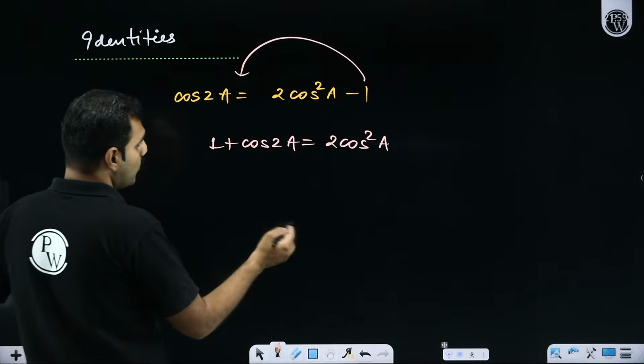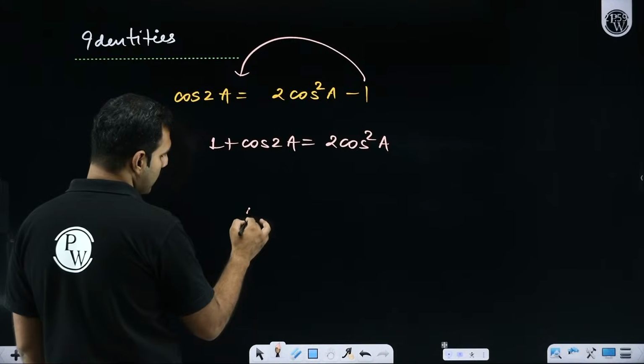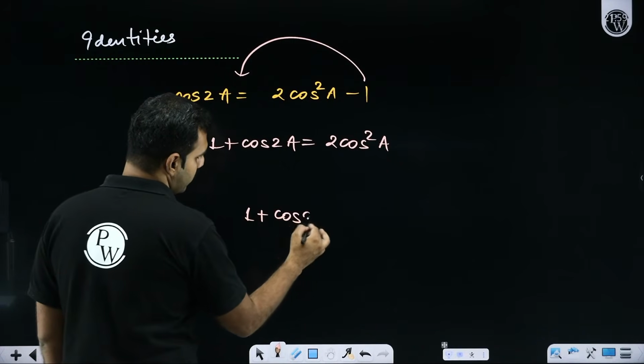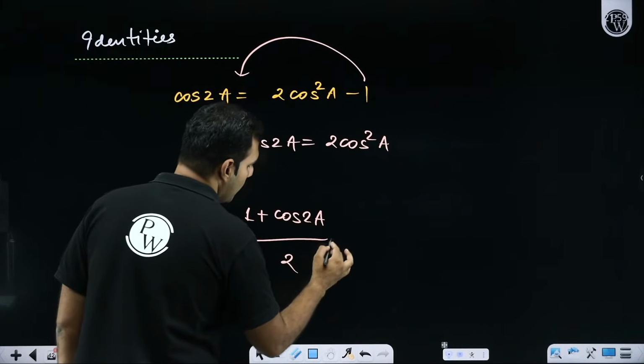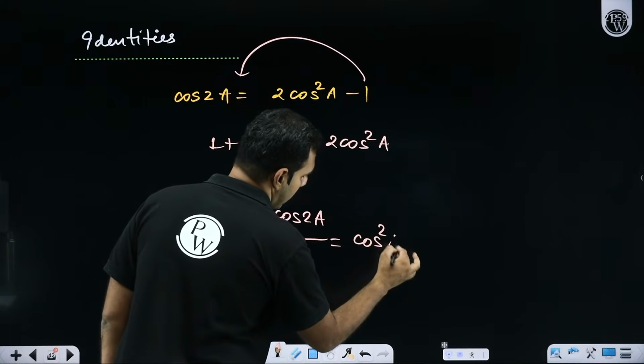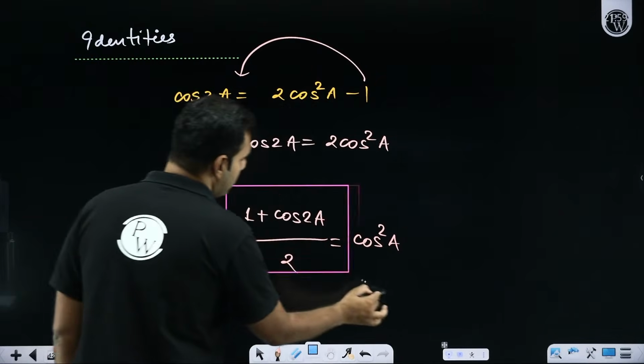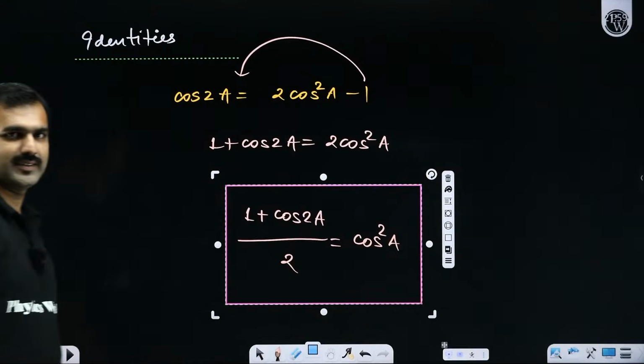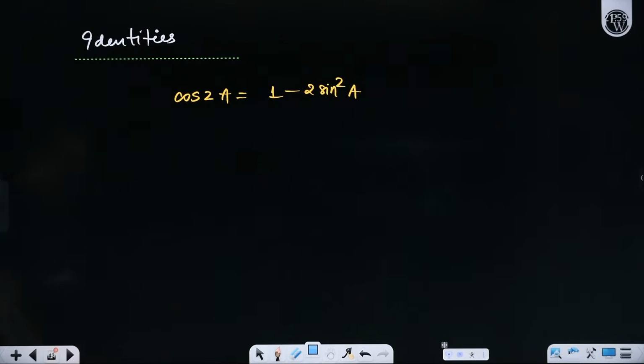If I divide it by 2 on both these sides, you can clearly see that 1 plus cos 2a divided by 2 will be cos square a. So one more beautiful one got added to your list. Everyone understood it?